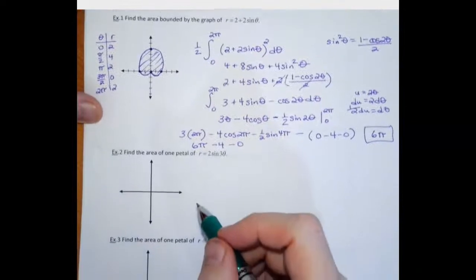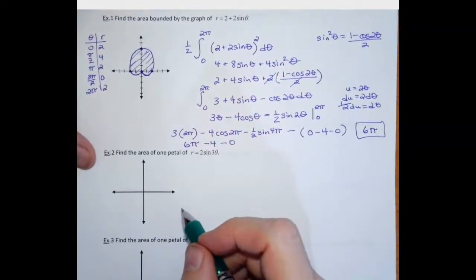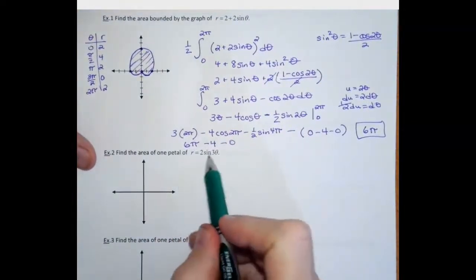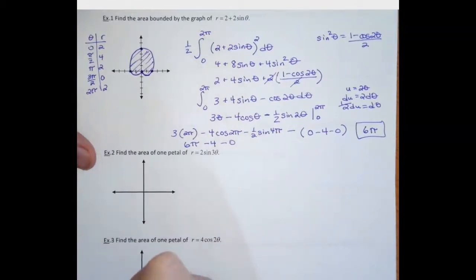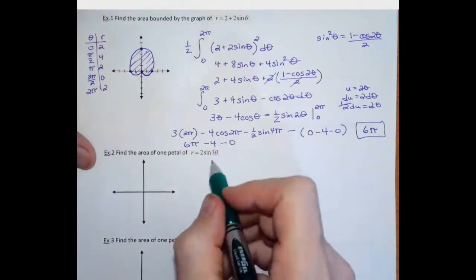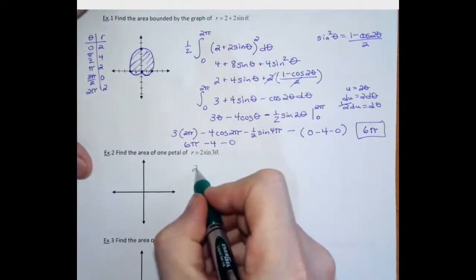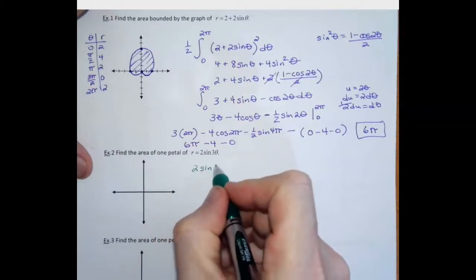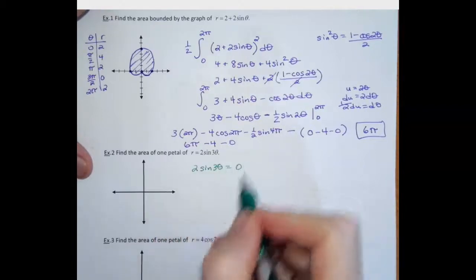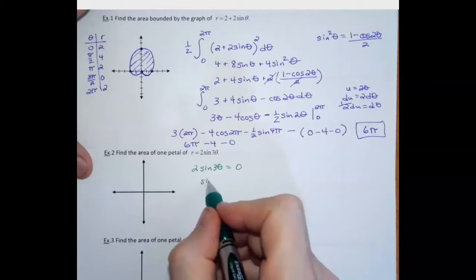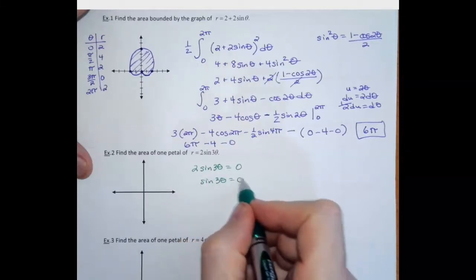Now, if we look at this next one, it says find the area of one petal of this. Okay, so if we do 2 sine of 3 theta equals 0, divide by 2, so you get sine of 3 theta equals 0.